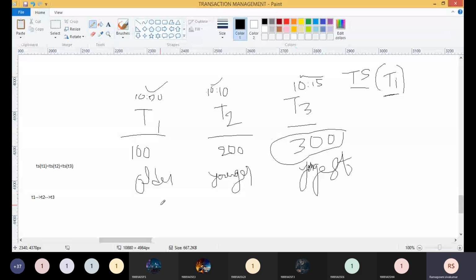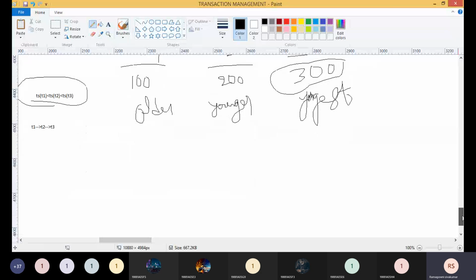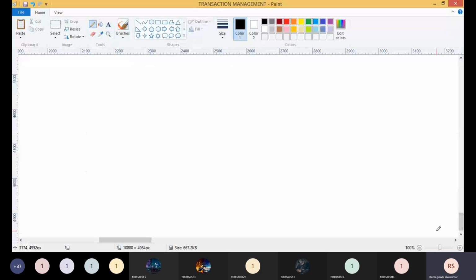Which one I need to consider? We need to know based on the rules. We already know the rules, right? Then tell me which one is latest. Transaction T1, transaction T2, and transaction T3.